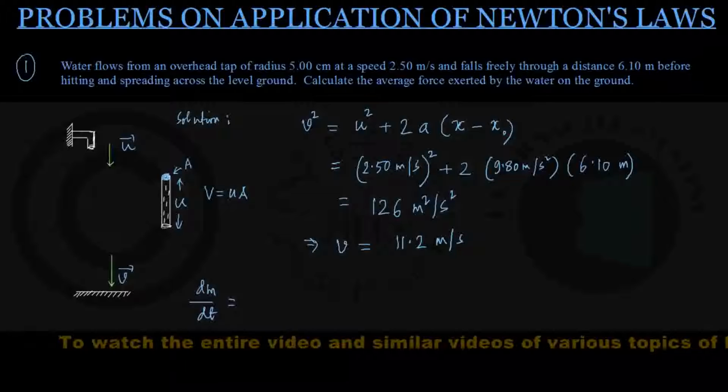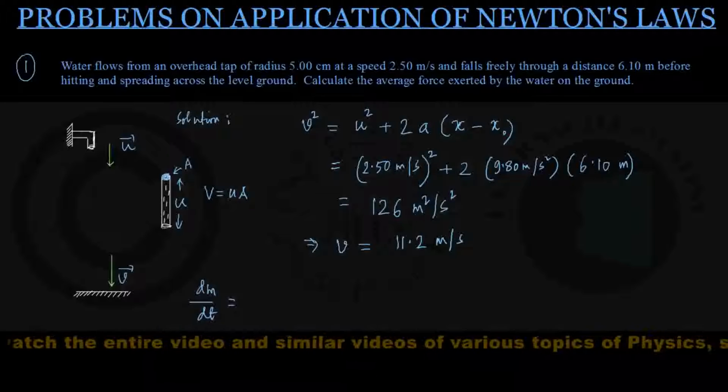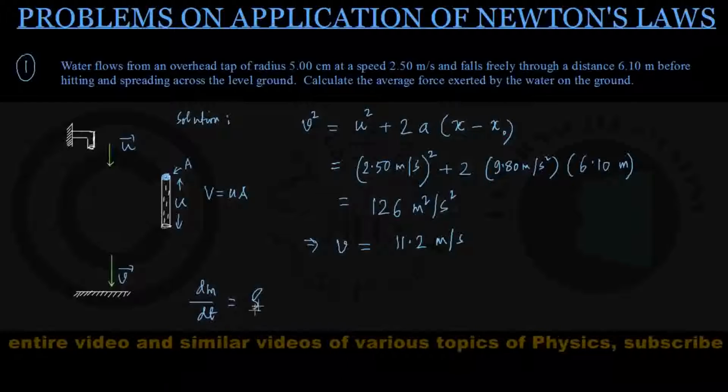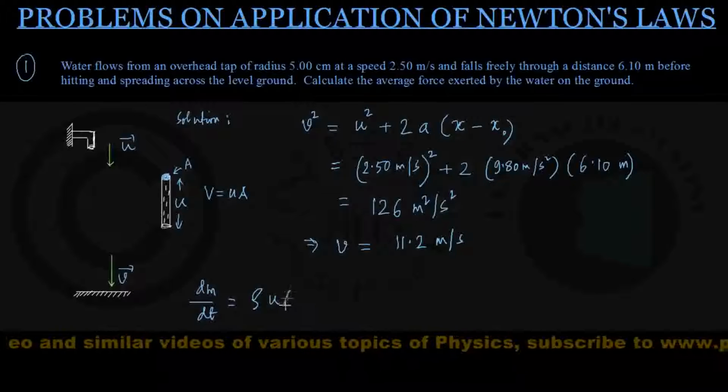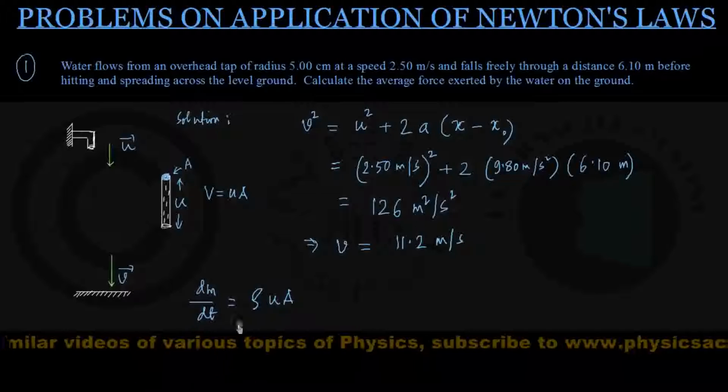And if you multiply that by the density of water, what you get is the mass of water coming out of the tap per second.